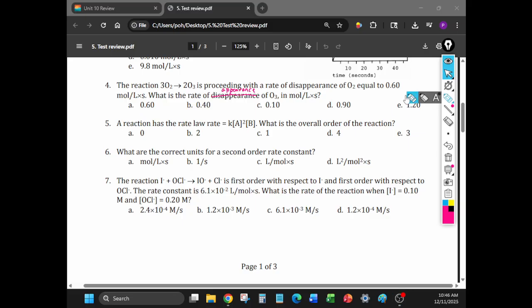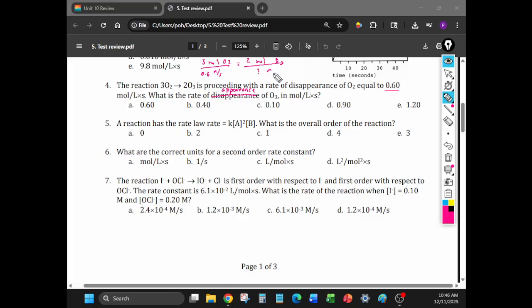So if we take a look at the ratios of O2 and O3, we can see that it is 3 moles of O2 for every 2 moles of O3, right? And so what we just need to do is compare the ratios. So if the rate of disappearance of O2 is 0.6 molarity per second, we just need to compare that ratio with the disappearance of O3.